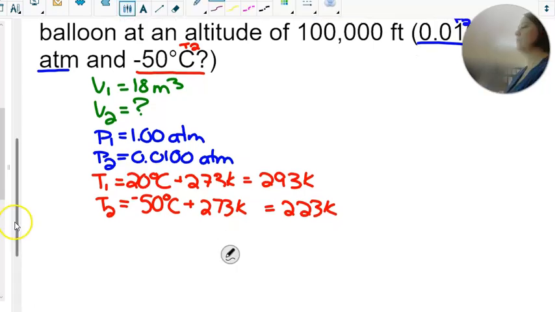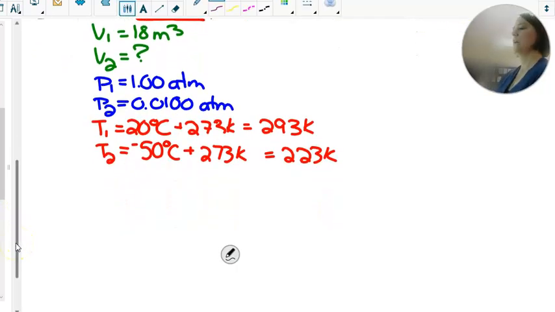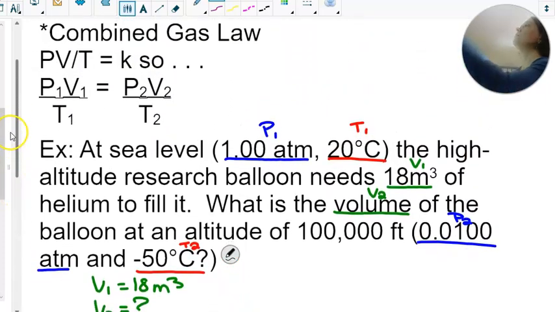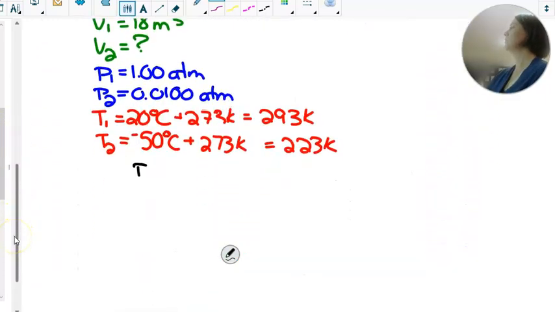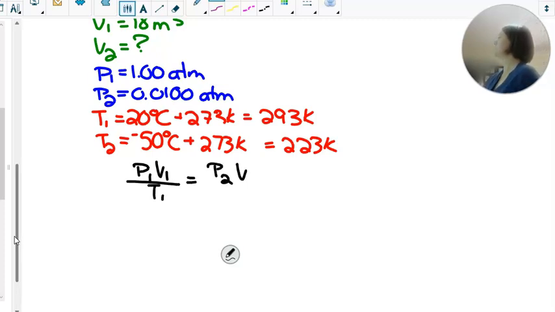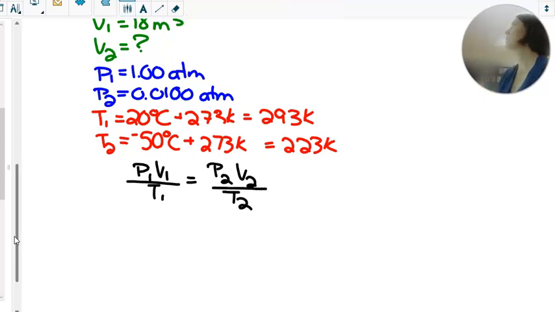Next thing we do is we write our equation. So we have P1V1 over T1 is equal to P2V2 over T2. We sub in what we know.